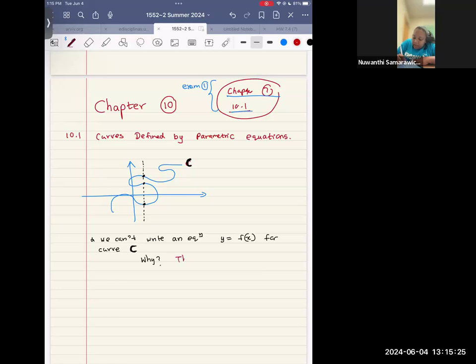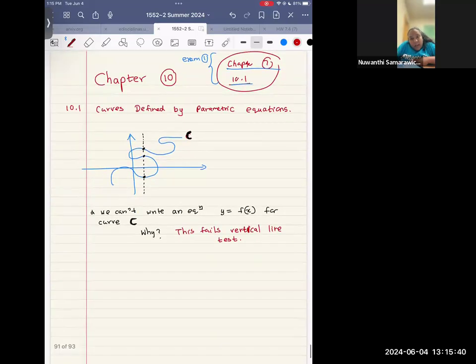Because this fails the vertical line test. Then how do we write an equation for these curves? That's the question we have. Because we cannot write it as y is equal to f(x), because it's not a function.